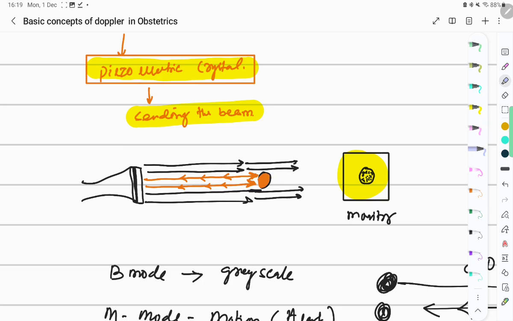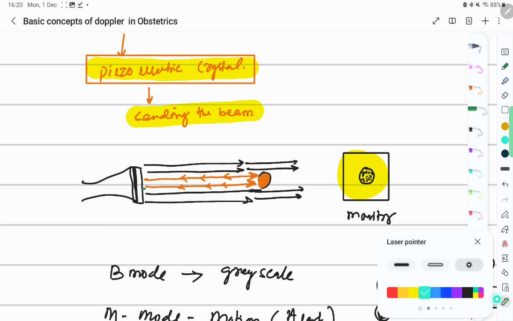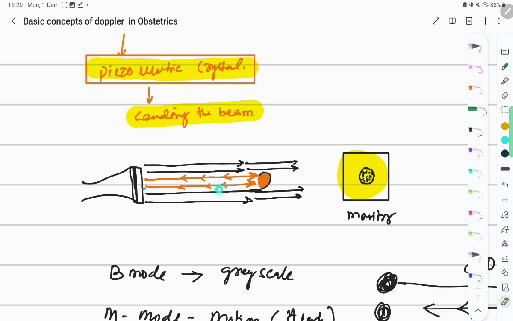So the ultrasound probe sends multiple sound waves. Some sound waves will hit the object and be reflected back to the probe, so that will be imaged on the monitor.